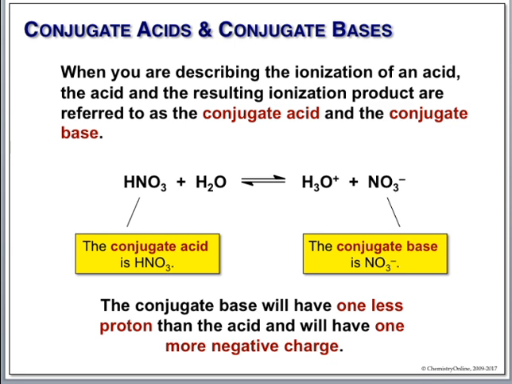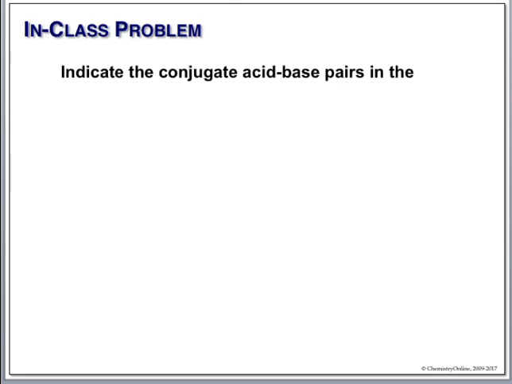Just remember, the acid will have one more proton than the base, and will have one more negative charge on this side than the other. That's because the proton is positive, right? If we lose a proton, we must have a negative charge. So let's look at an example.